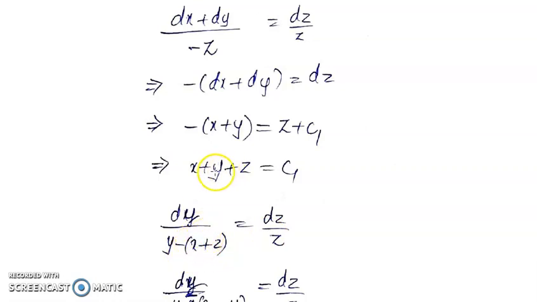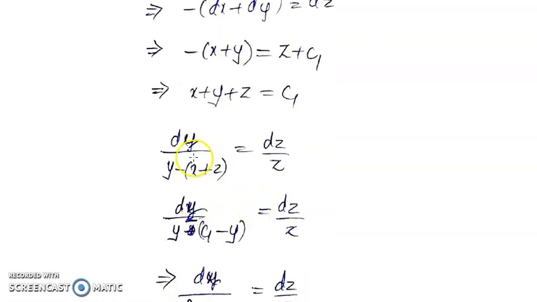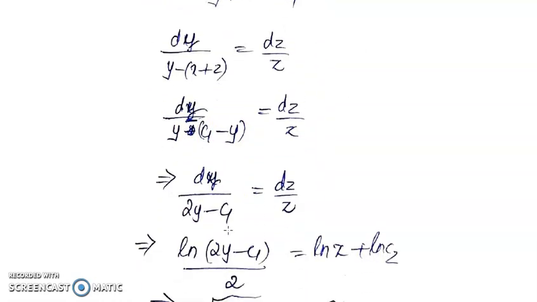From this equation, x plus z will be c1 minus y. So you will get dy by (y minus (c1 minus y)) equal to dz by z. So this gives y minus c1 plus y, so 2y minus c1.